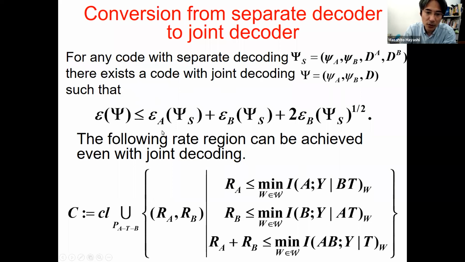In that case, if each decoding error of separate decoding goes to 0, then the decoding error probability of joint decoding goes to 0. So using this conversion, we can show that this capacity region can be achieved even in the universal setting. So we can achieve this capacity region.